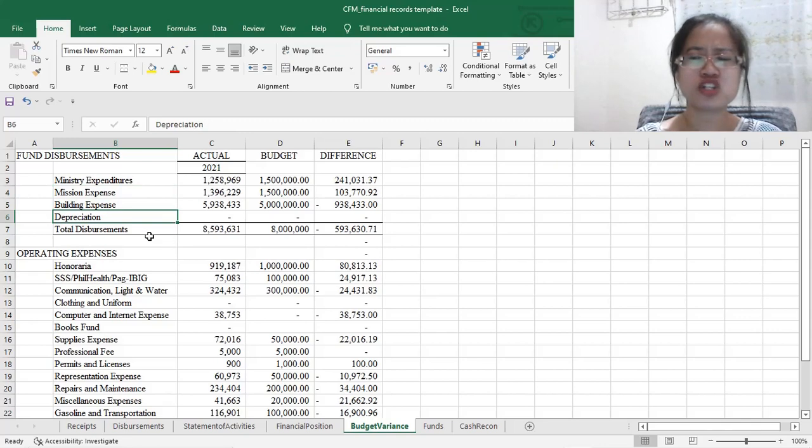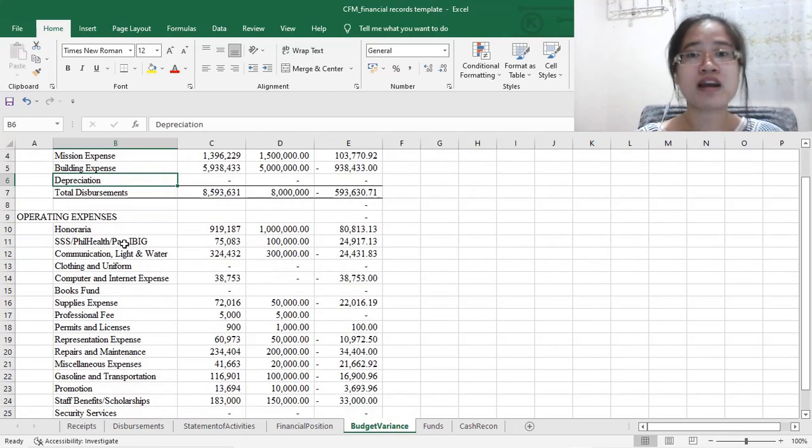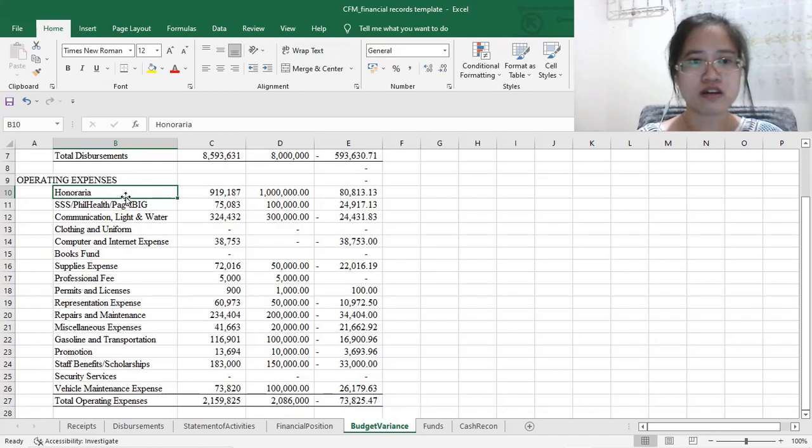Okay, depreciation is non-cash, but again, you just put it there to remind you, okay, that you have to accumulate a certain amount of money so that you can buy a replacement when the property, plant, or equipment eventually deteriorates and becomes unusable. Okay. Then for the operating expenses, you have these. Honoraria represents the salaries and wages of the church workers.